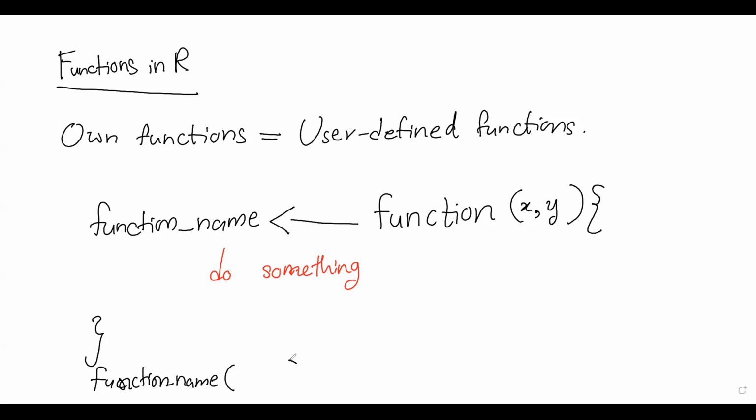And pass your arguments here: a value to X and a value to Y. You can give 1 and 2, or it doesn't have to be simply numbers, it can be words, strings, vectors, anything, right? This is basically how you call a function.